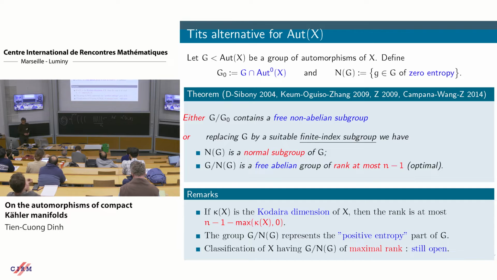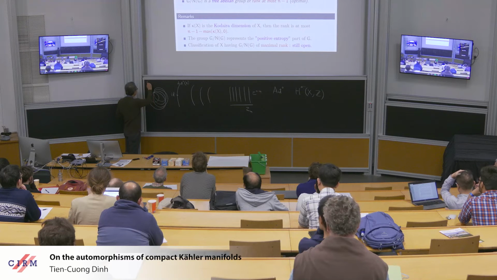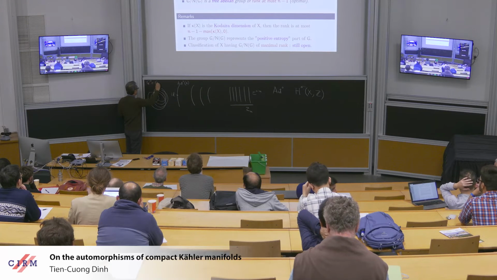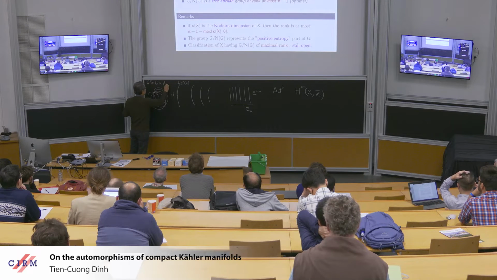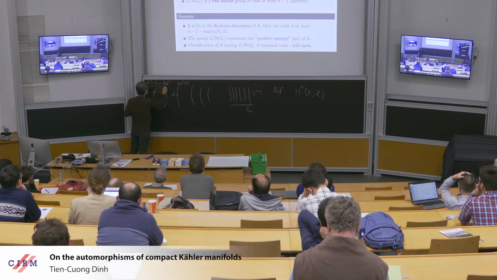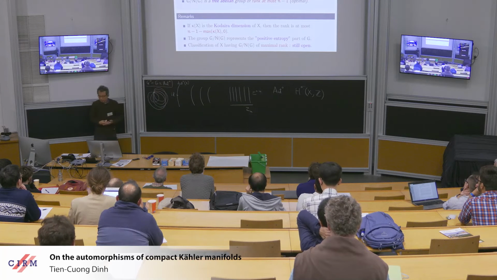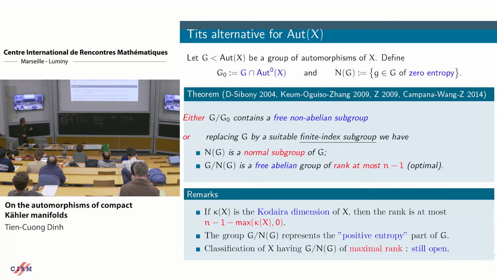So if you take any group of automorphisms G, and then you consider the intersection with the component of identity, we denote it by Z0. Z0 is G intersected with Aut0. So this is our notation. This is a normal subgroup of G.